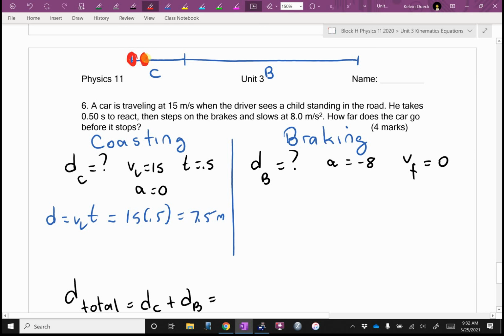Have we hit the brakes yet? No. How fast are we traveling here? 15 meters per second. How about right here? You're still going 15 meters per second. So VI is still 15 when we hit the brakes. There's our 3rd thing. Now I can find the 4th.